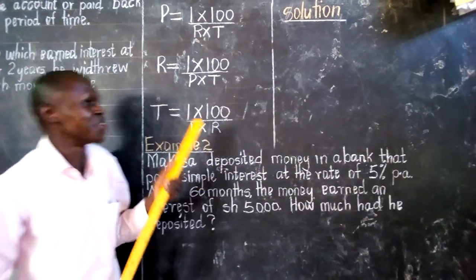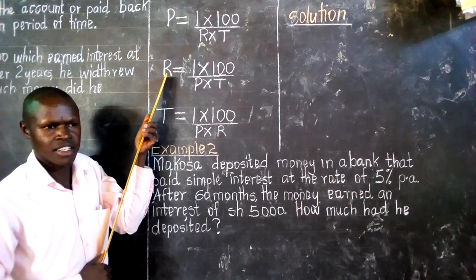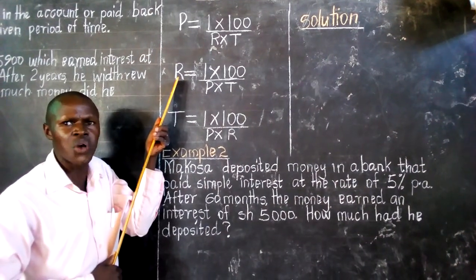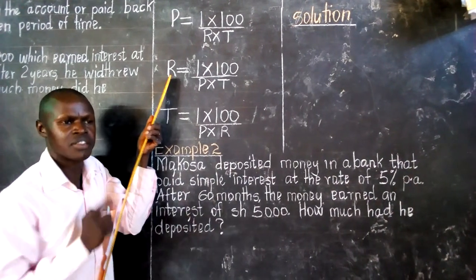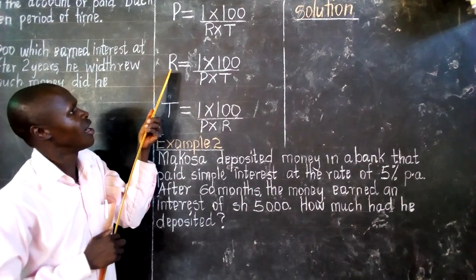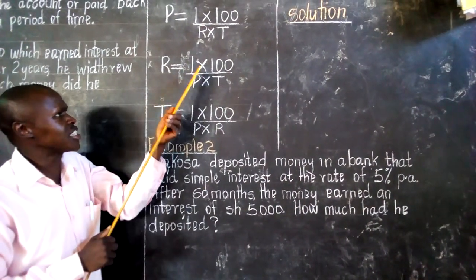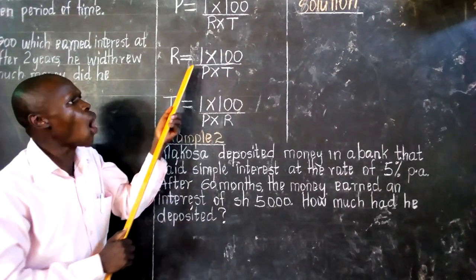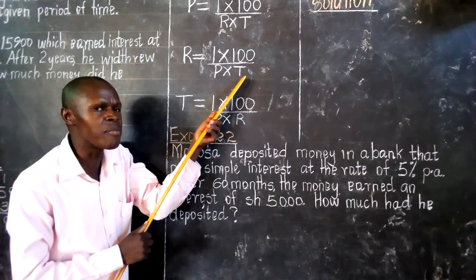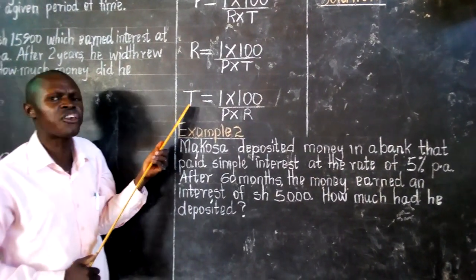Formula number 2, R for rate. In case you come across a question asking for rate, rate is normally in percentage. The formula is interest times 100 all over principal times time. Next, we have T for time.